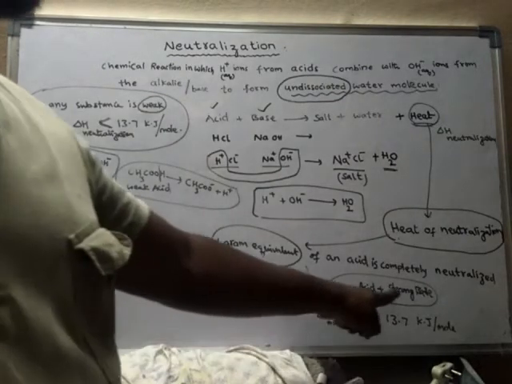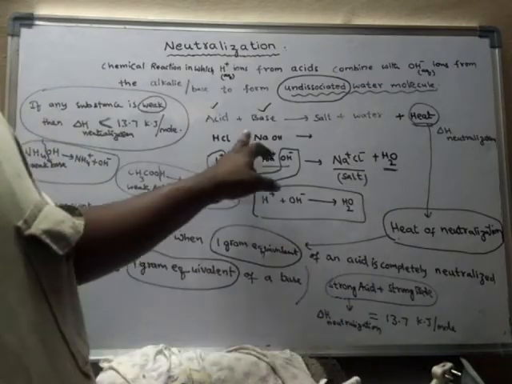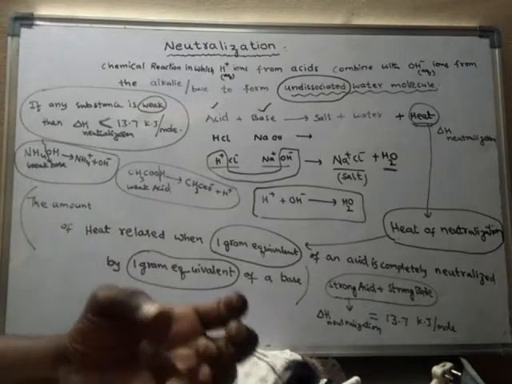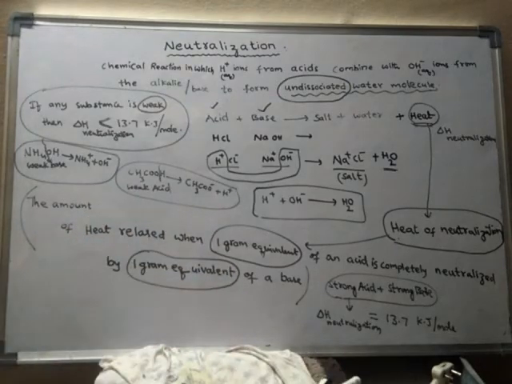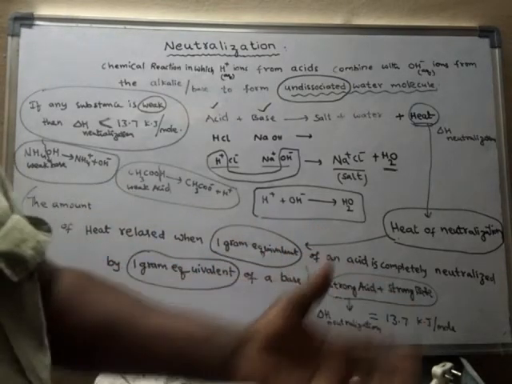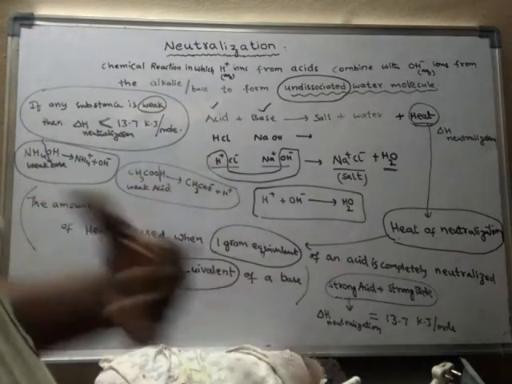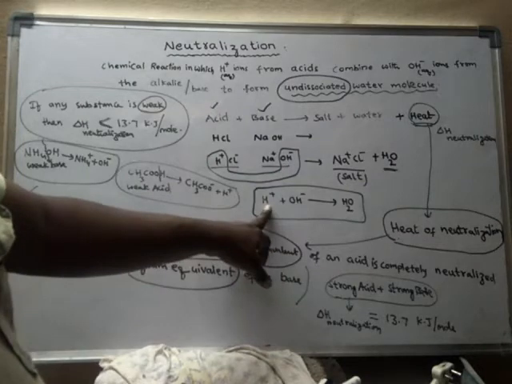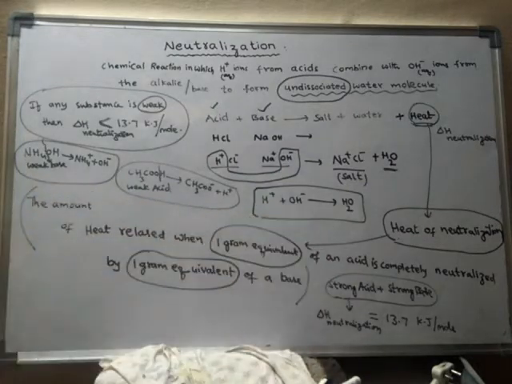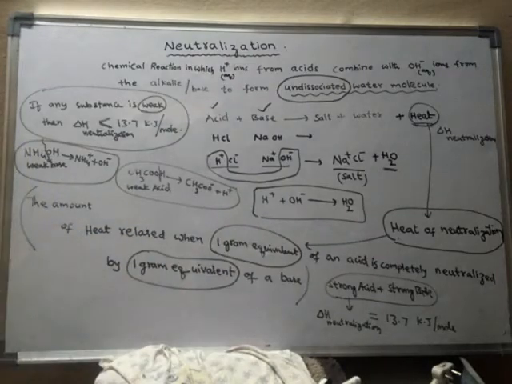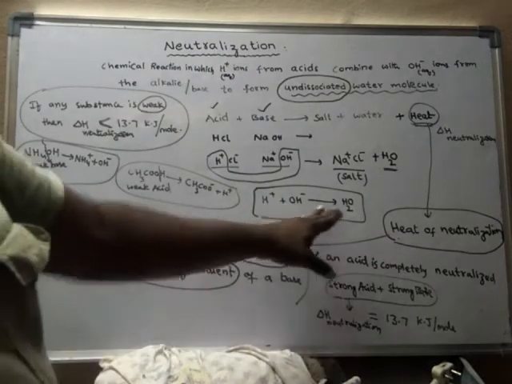When a strong acid and strong base react with each other, the strong acid easily breaks down into H plus ions, and the strong base easily breaks down into OH minus ions. So H plus ions and OH minus ions are easily formed. Therefore, the formation of water can be done easily.